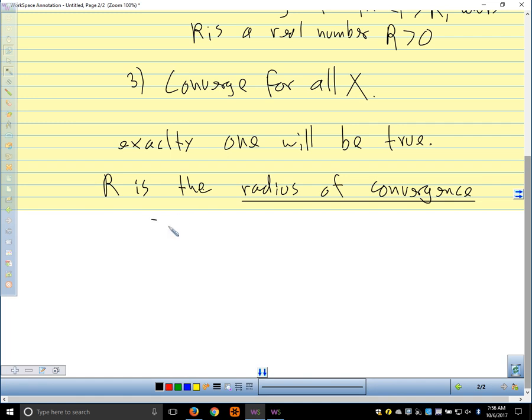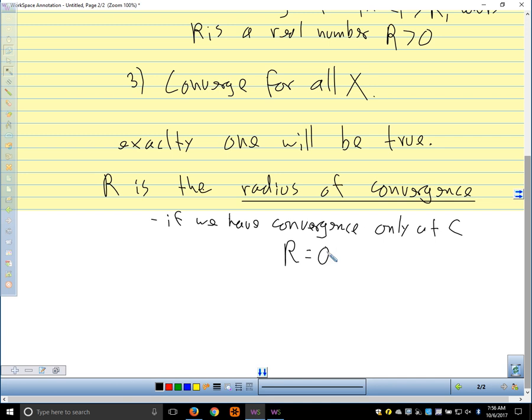So if we have convergence only at c, then we say that r equals 0.